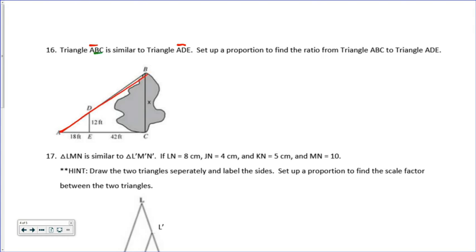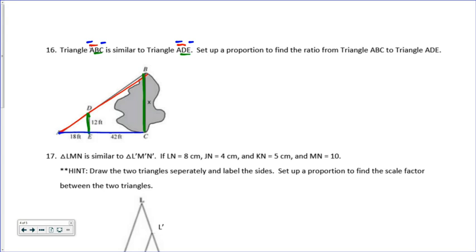We have BC and DE. And we have AC and AE. All right, you have to figure out what a relationship would be in order to find that missing side. So we know that we have to be comparing x and 12 because x is that missing side that we're looking for. Okay, so let's set up that ratio first.